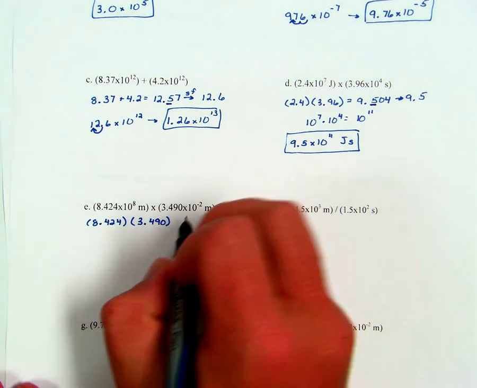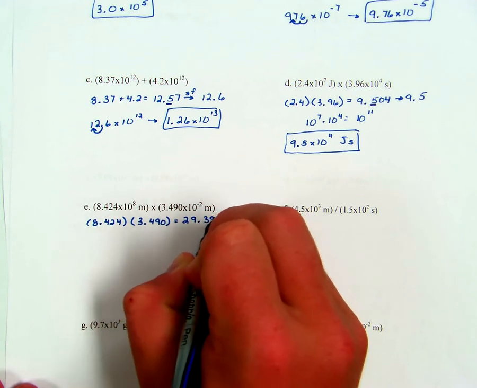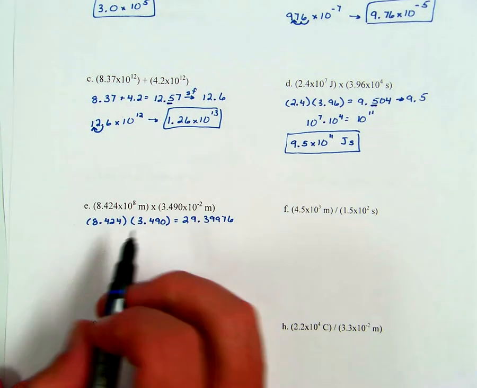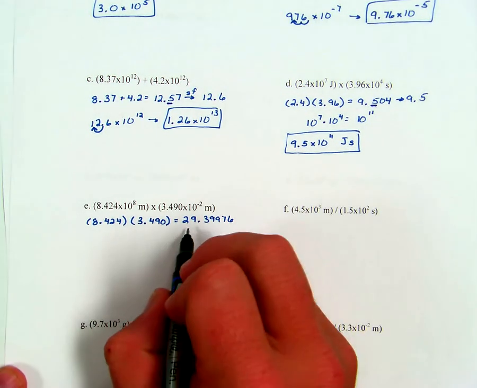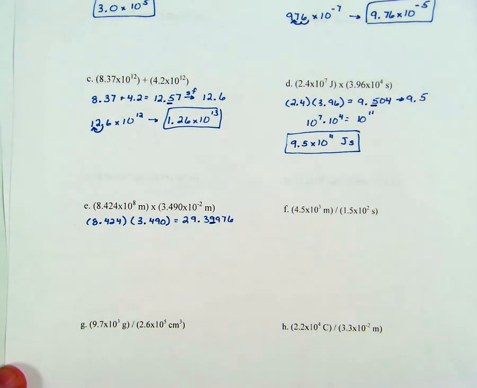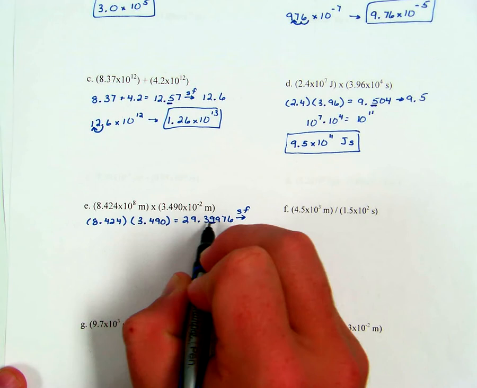That's all well and good, except I only get 4 sig figs because both of those measurements have 4. So I'm going to count over 4 sig figs. 1, 2, 3, 4. That happens to be to the hundredths place. And rounding that for sig figs, the next digit is bigger than 5, so I'm going to round up. So this would be 29.40.